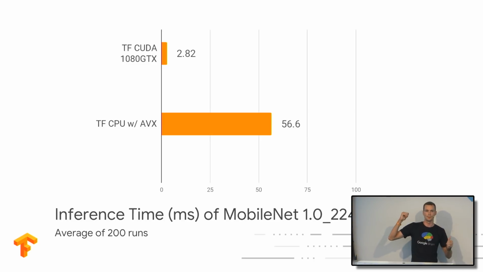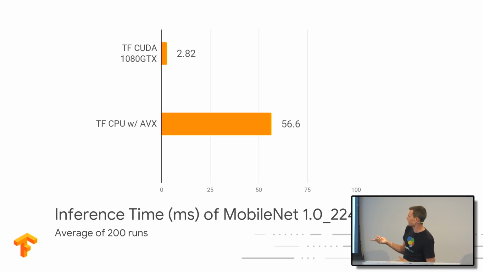OK, performance. Let's talk a little bit more about performance. So I showed you where the browser benchmarks were, like the integrated graphics card, a little slow. But let's see where the server-side performance stacks up. So this is that same benchmark, the Python benchmarks of like 2.82 milliseconds and a little under 60. We just kind of launched this in May, actually.